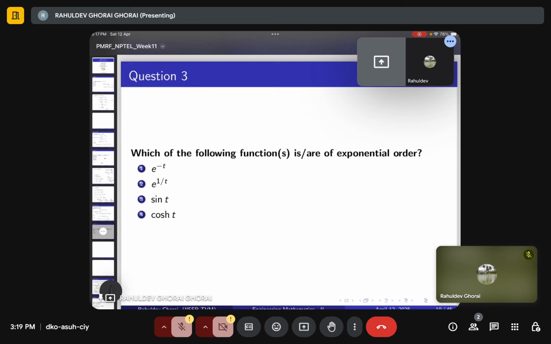Okay. Which of the following functions is or are of exponential order?